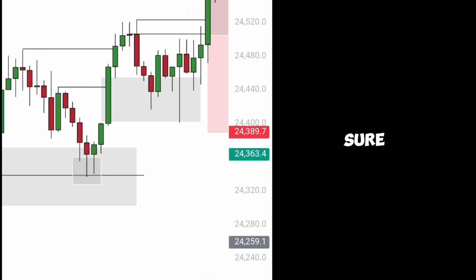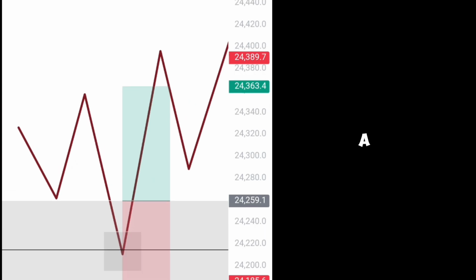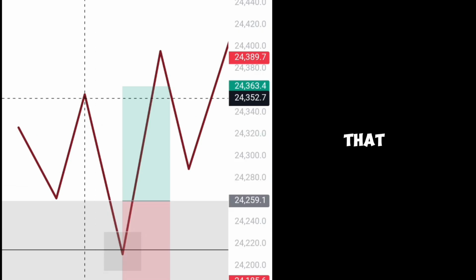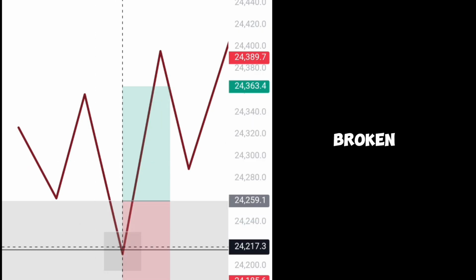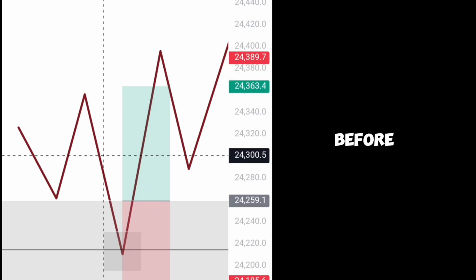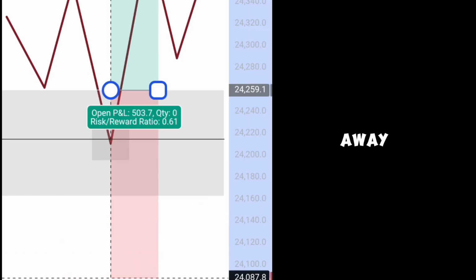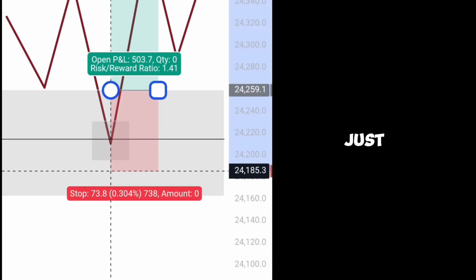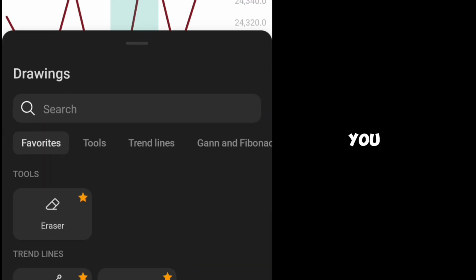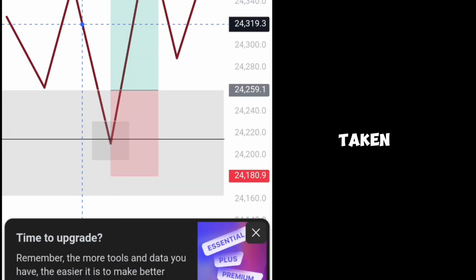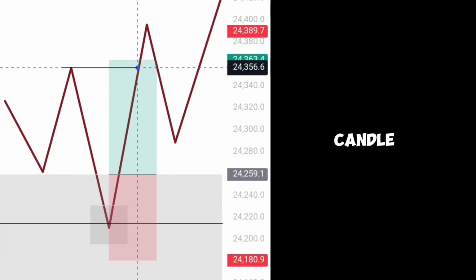But just make sure that once a low is formed, you want to make sure that the candles that form that low are broken out from before you can put your stop loss below. So you don't have to put your stop loss far away. Putting it below is just as good, because you have your area taken out by a candle here. Okay, so let's look at just one more example.